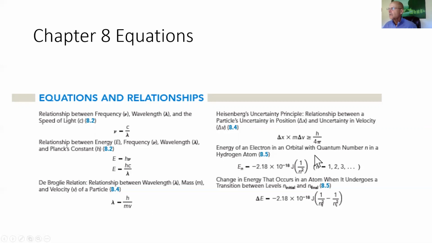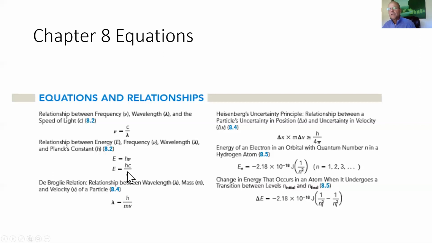The energy of an electron in an orbital of quantum number n for the hydrogen atom is given by that equation, and you can calculate the change in energy that occurs using this equation. And remember that you can do that for an atom and then figure out the wavelength of the photon emitted: whatever that change in energy is, you set it equal to the energy here and you solve for lambda.